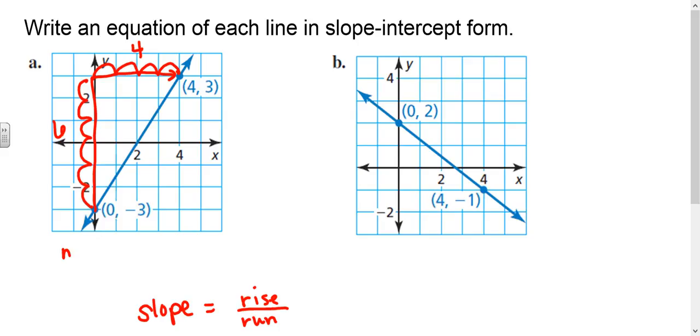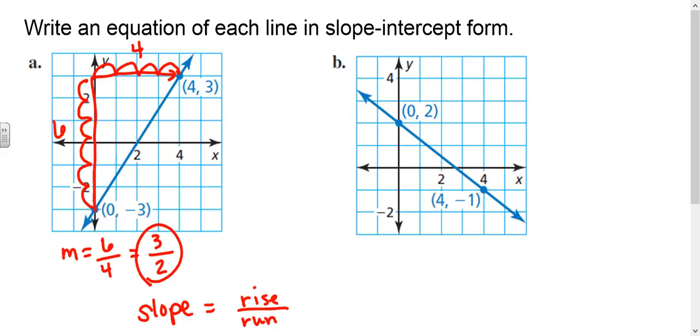So m, my slope, would be 6/4. Now that can be reduced. What can I divide both of those numbers by? They can both be divided by 2. 6 divided by 2 is 3, and 4 divided by 2 is 2. So our slope is 3/2.